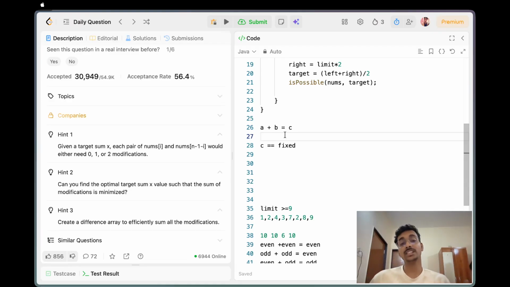Again, there are four scenarios: either I change none of A or B, either I change A or I change B, but changing either A or B will count as one move only, right? Or I need to change A as well as B, so two. Okay.